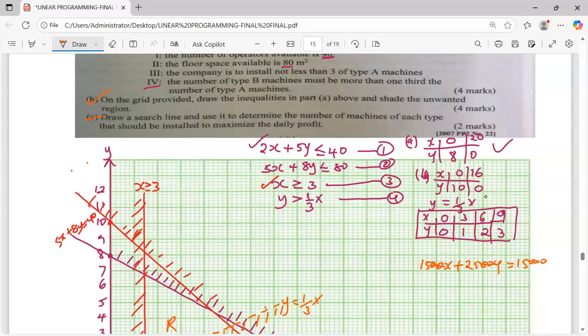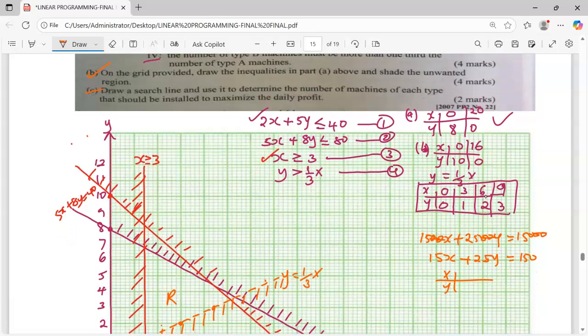Divide by 100 all through, we are going to have 15x plus 25y being equal to 150. So we can make a table having x and y, and when the value of x is, for example, 0, the value of y is going to be 6.